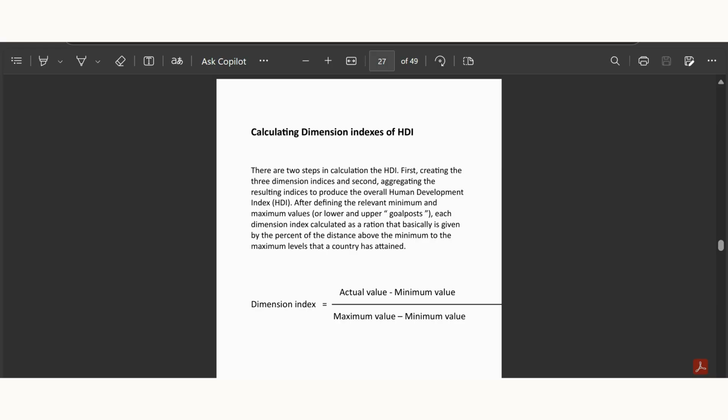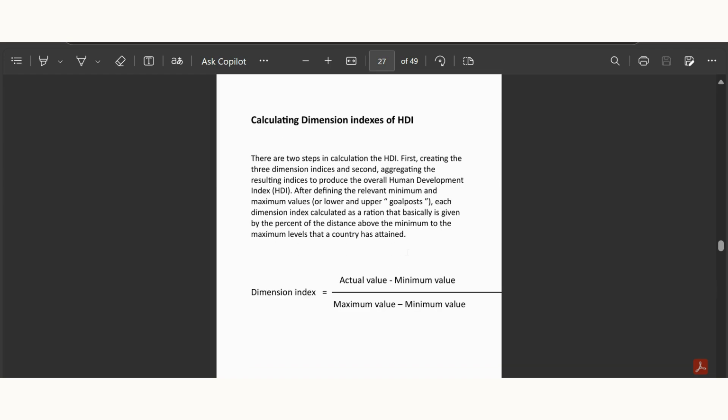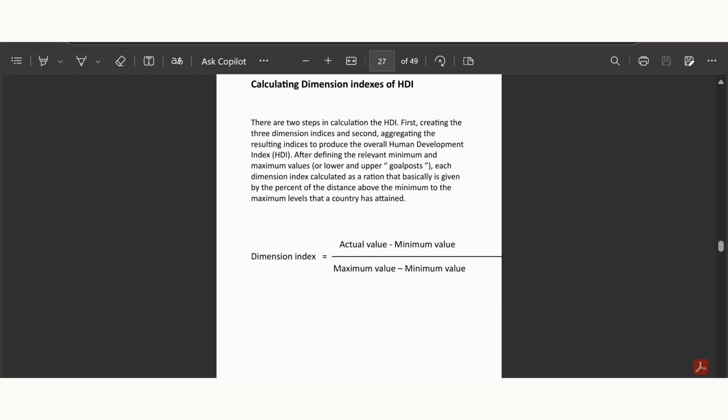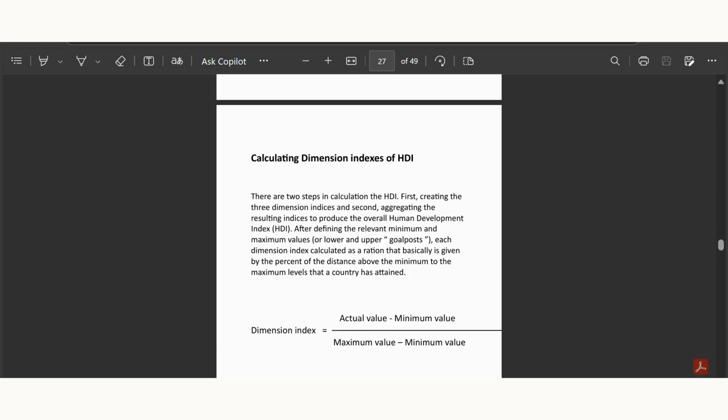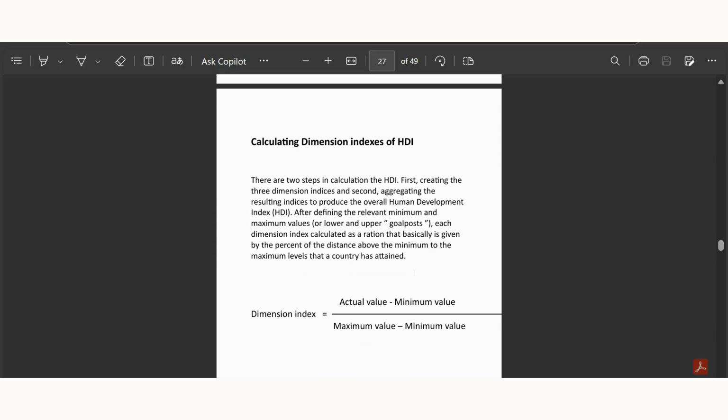After defining the relevant minimum and maximum values, each dimension index is calculated as a ratio that is basically given by the percent of the distance above the minimum to the maximum level that a country has attained. Now, dimension index equals actual value minus minimum value, divided by maximum value minus minimum value. That was how to calculate the dimension index of HDI.